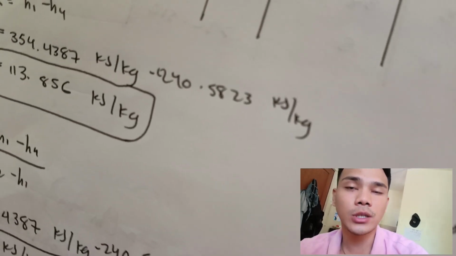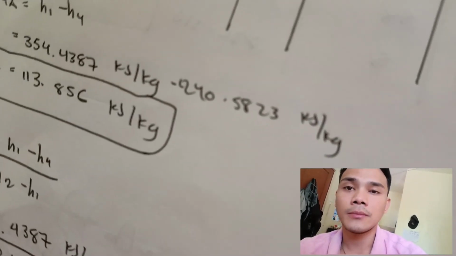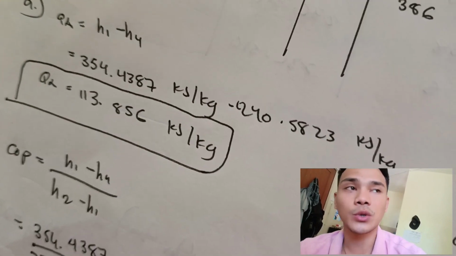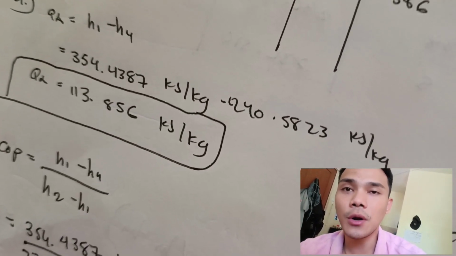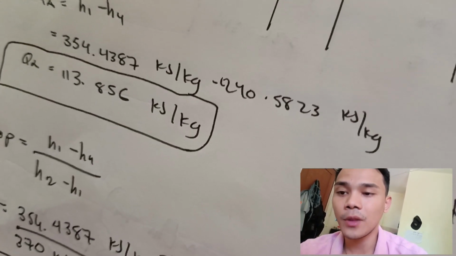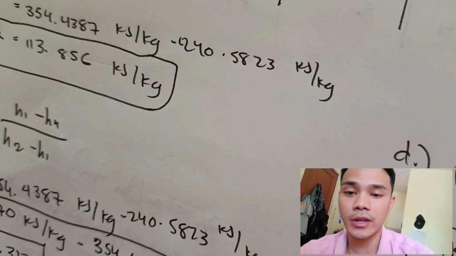Next na itong gipangita is yung coefficient of performance, and the formula for getting the COP or the coefficient of performance is COP is equals to H1 minus H4 over H2 minus H1. So, we simply substitute again our given.